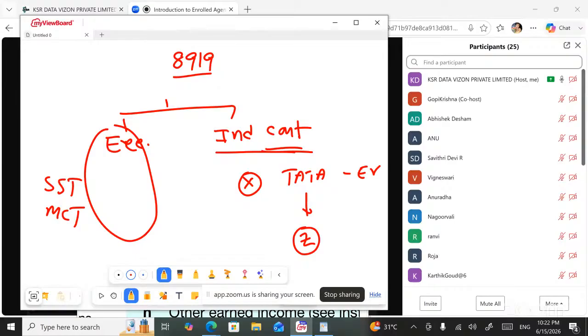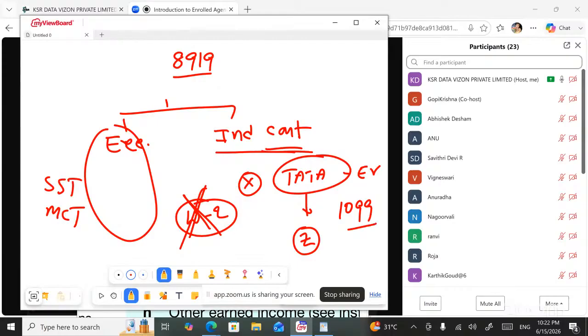But at the time of payment, instead of giving the W-2 form, which reflects the employer and employee relationship, Tata company simply treated Z as just an outside service provider, a one-time contract, saying he is not my employee. In that angle, form number 1099 is issued instead of the W-2 form.